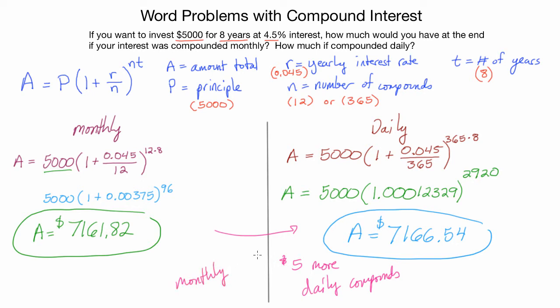So the point is, the more you compound, the slightly better it gets in your favor in terms of interest. It's the opposite in terms of debt. If you have debt and you're paying interest on your credit card debt, then daily compounds are working against you as opposed to monthly compounds.